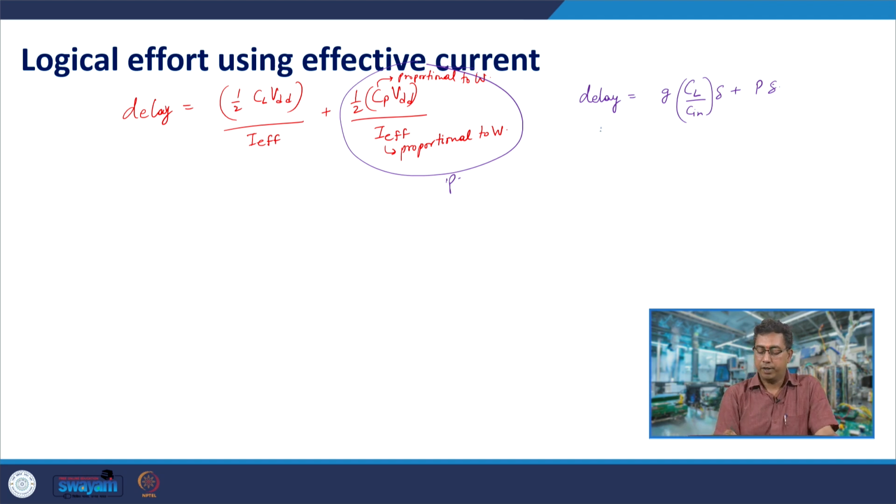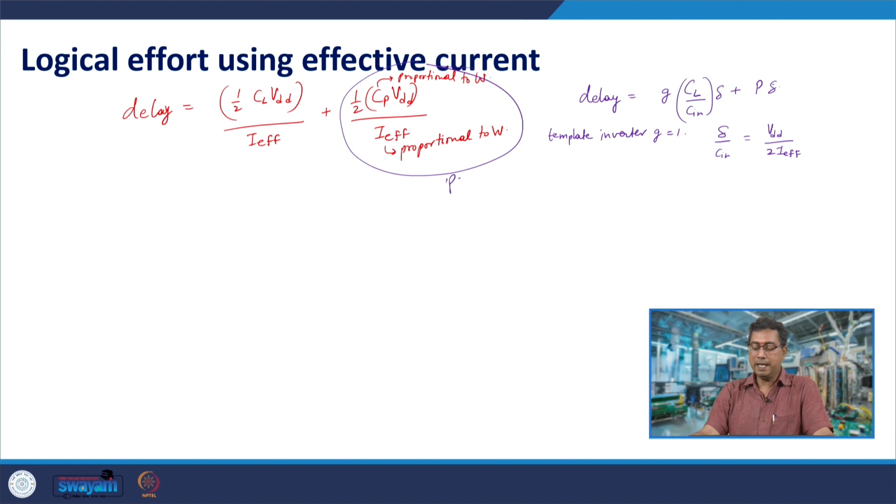For an inverter, G is equal to 1 for a template inverter. So, let us write template or reference inverter, G is 1. So, we would say that delta by C in, where delta is the intrinsic delay, should be equal to VDD by 2 I effective, like that. Okay.